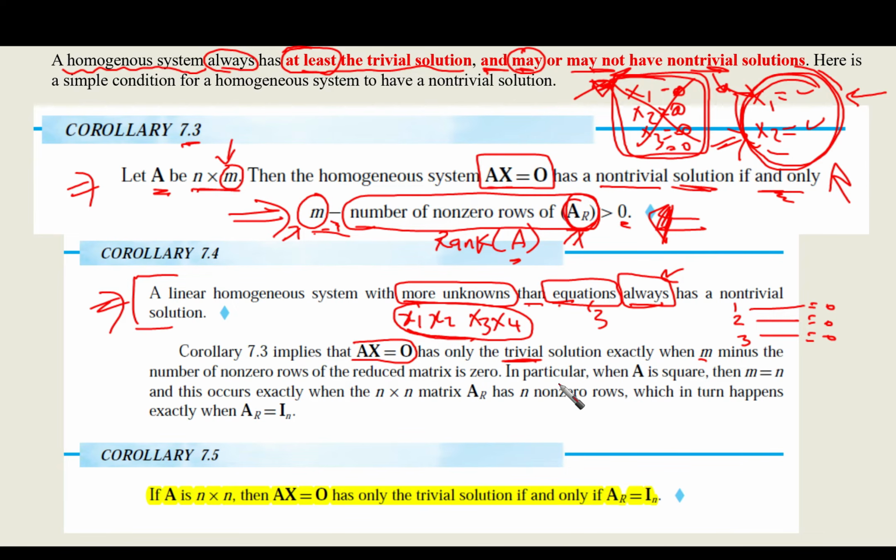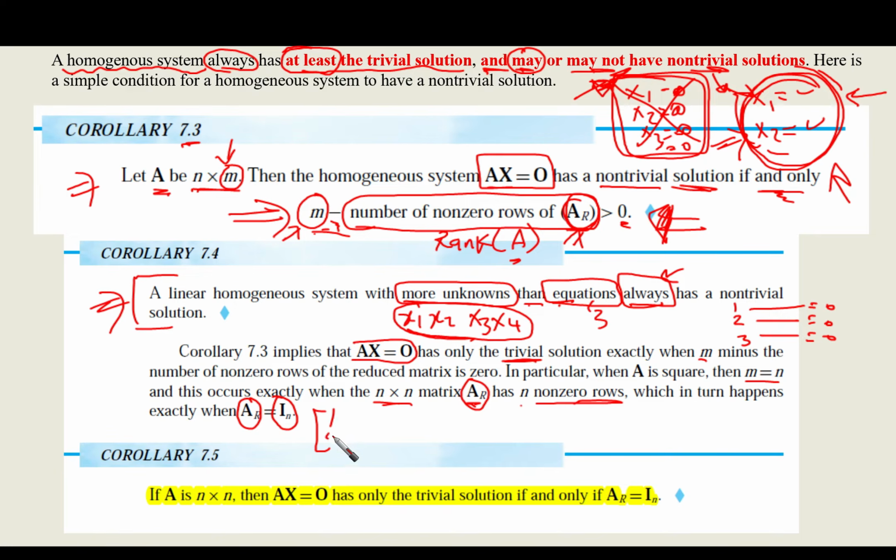In particular, when A is square, then m equals n. If we have this matrix to be a square matrix, n equal to m. And this occurs exactly when the n by n matrix AR has n non-zero rows. The reduced matrix is going to be n by n. This means what? Which in turn happens exactly when AR equals In, the identity matrix.